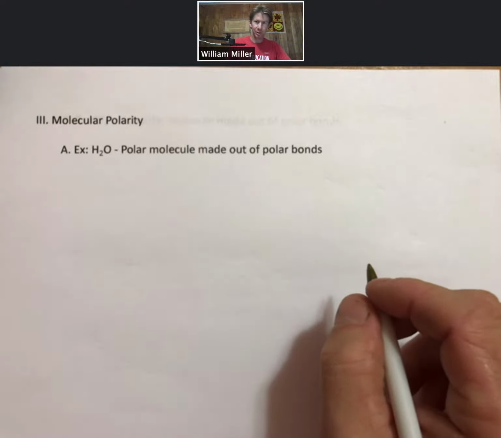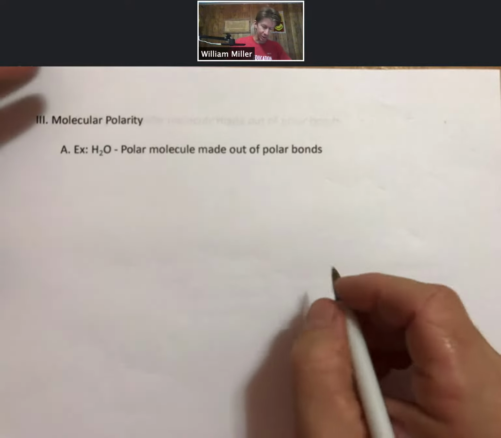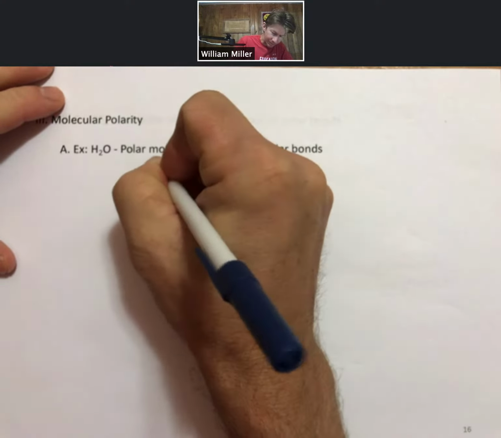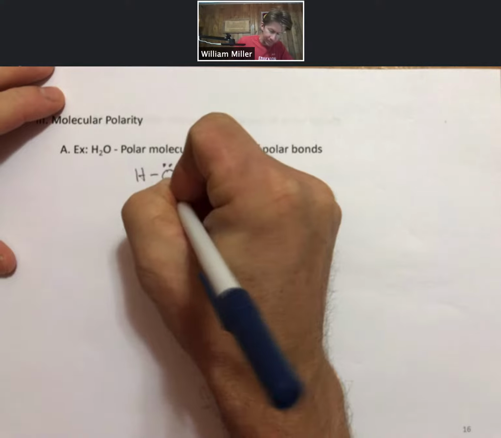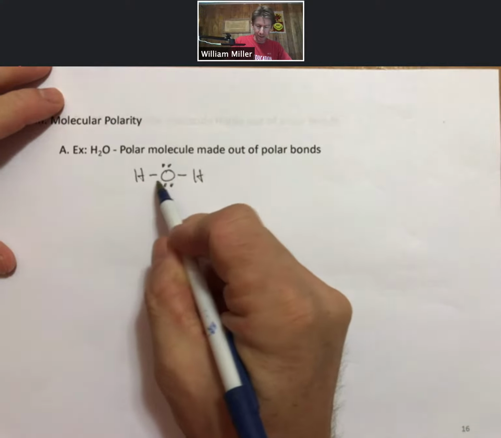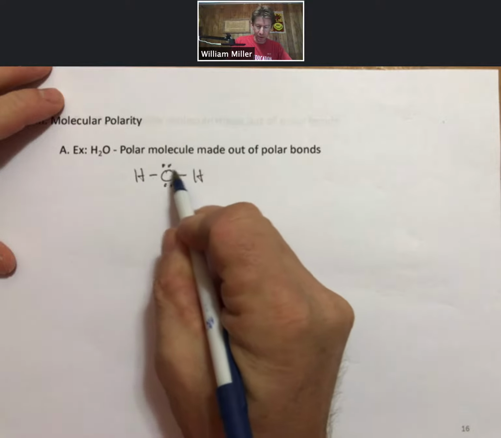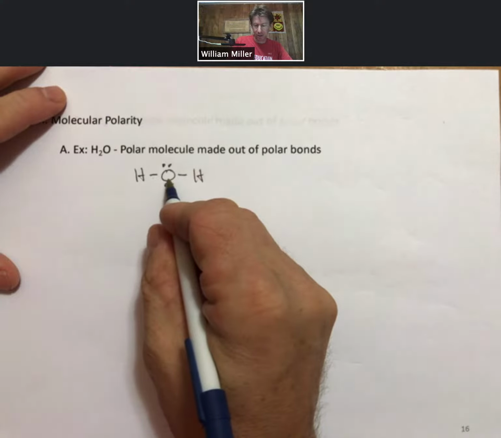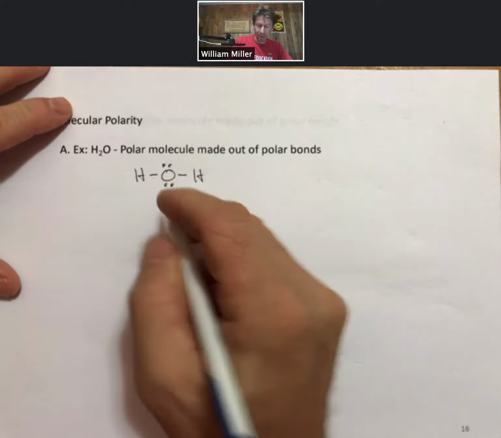Our process is going to be to draw the Lewis structure. Then look at the central oxygen. Note that it has 1, 2, 3, 4 electron groups around it. That means that the electron geometry around the central atom is going to be tetrahedral.